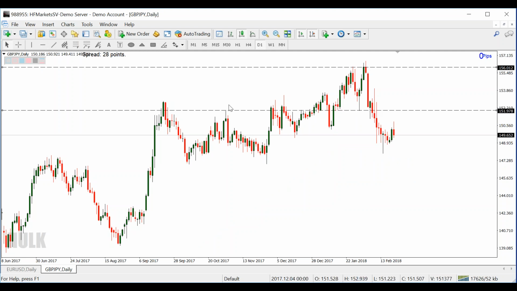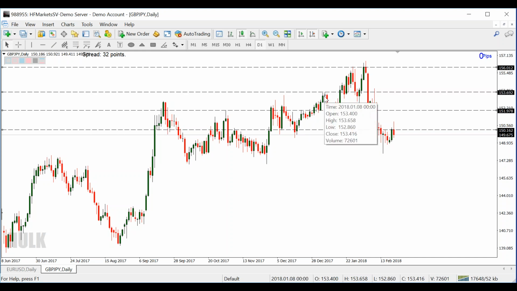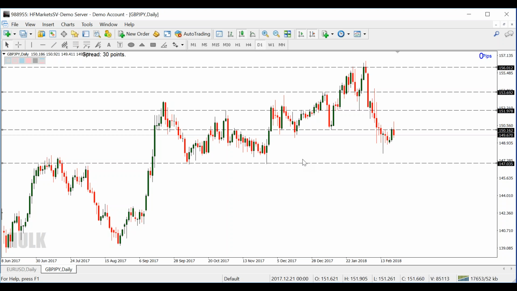Or area, or whatever that you call. This is the support resistance.